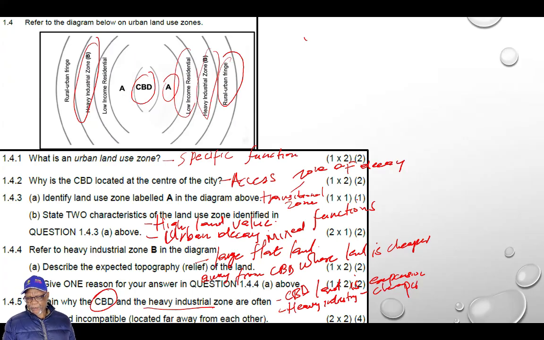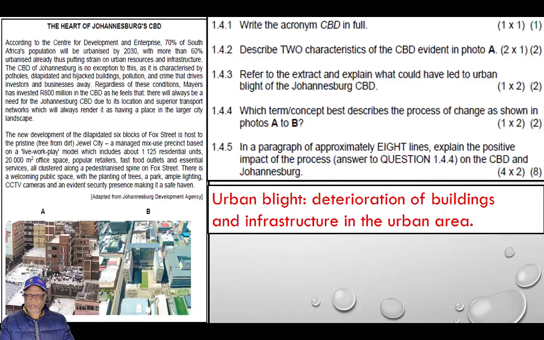And again, in the heavy industry, there is more pollution. So those are clear differences that you will find between the two land use zones.